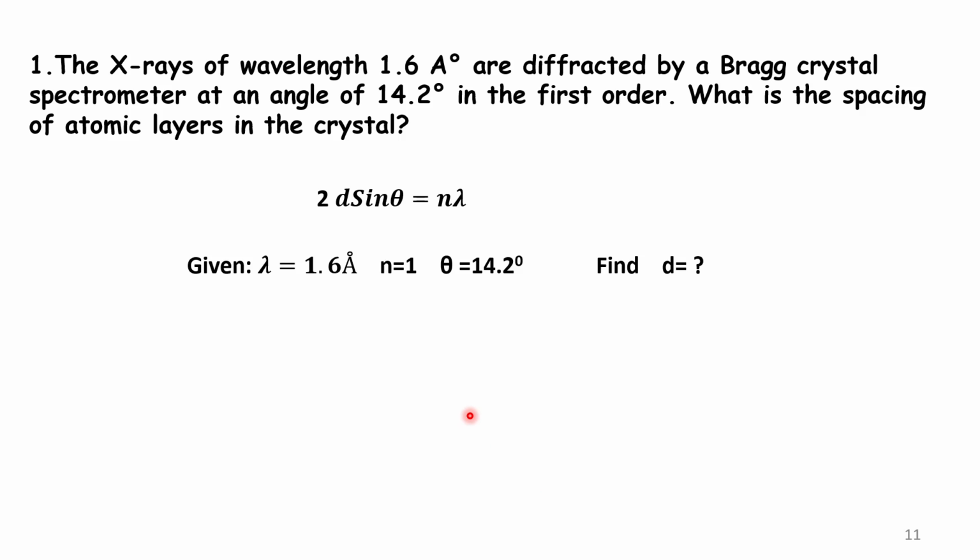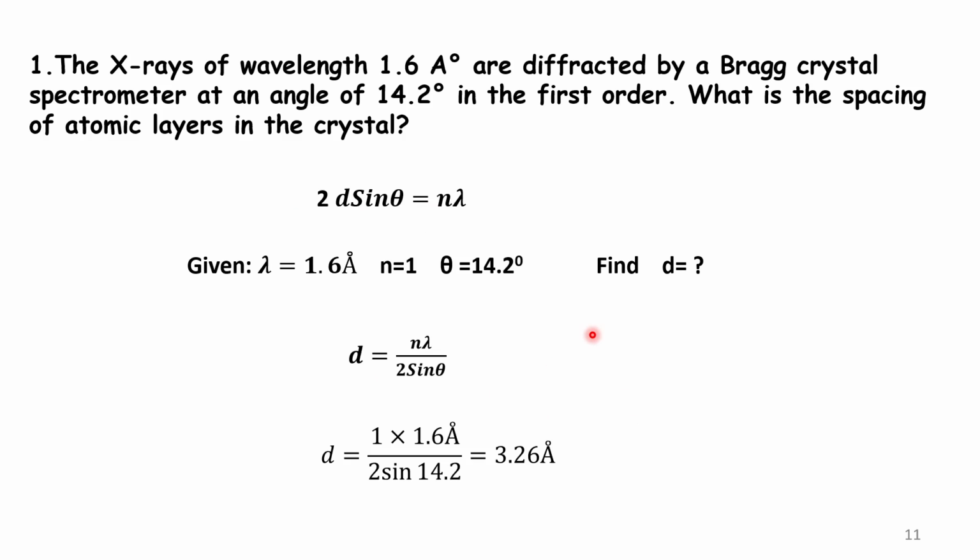Now the given parameters are lambda, that is the wavelength, the order, which is equal to 1, and the glancing angle theta. Therefore by rearranging this equation we get d is equal to n lambda divided by 2 sin theta.